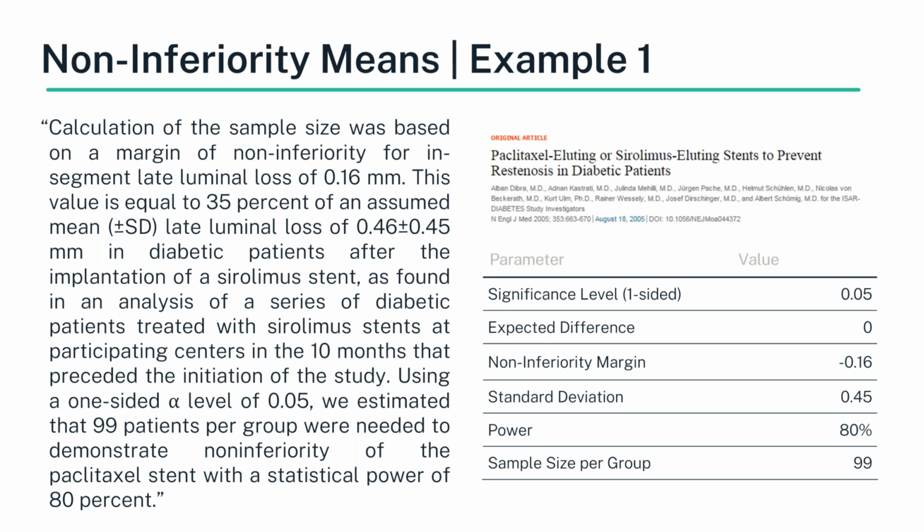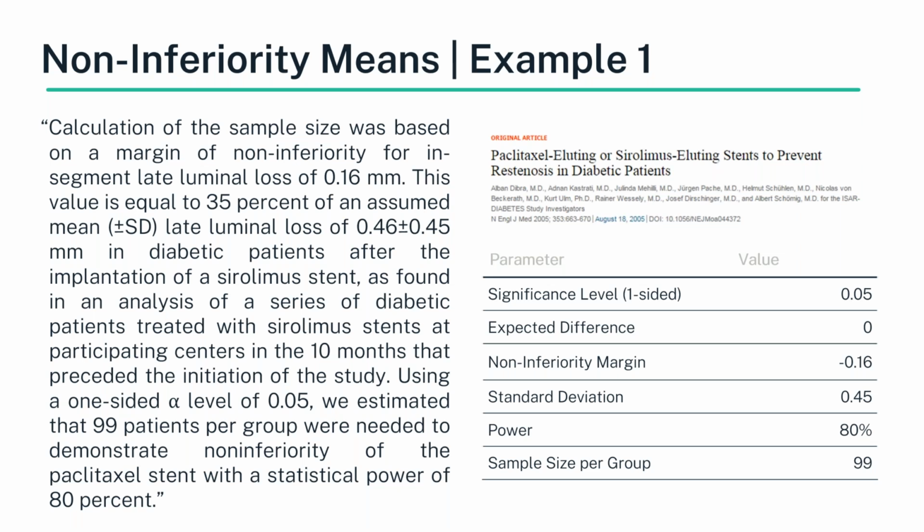And so the authors say in this paper that drug-eluting stents markedly reduced the incidence of restenosis as compared with bare metal stents. And so this study was designed to show non-inferiority of the paclitaxel stent as compared with the sirolimus stent. Sorry for the pronunciations there.